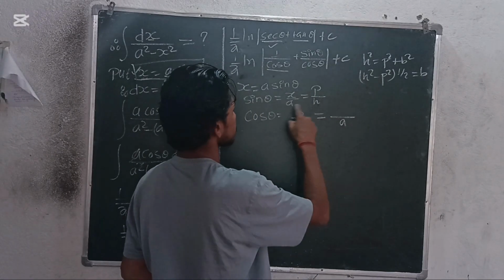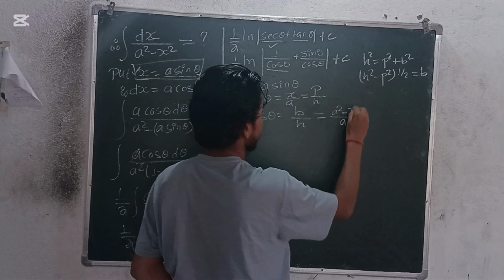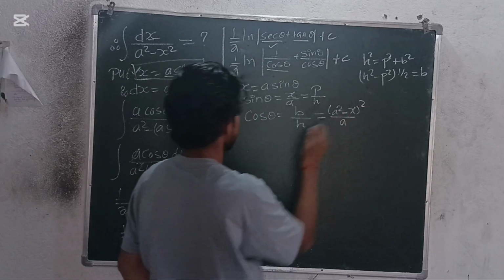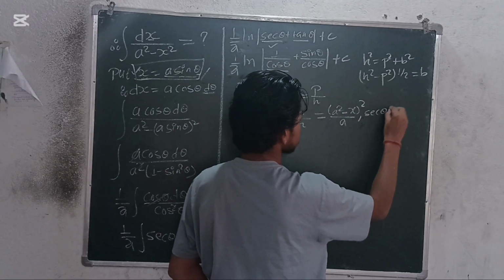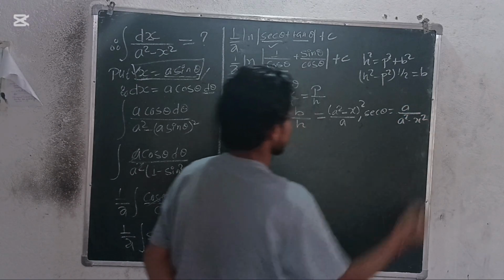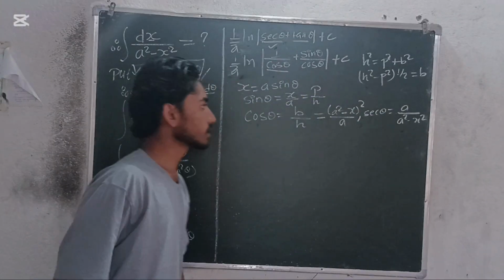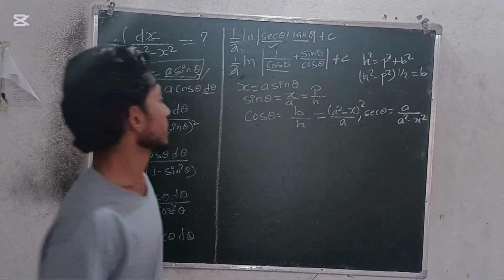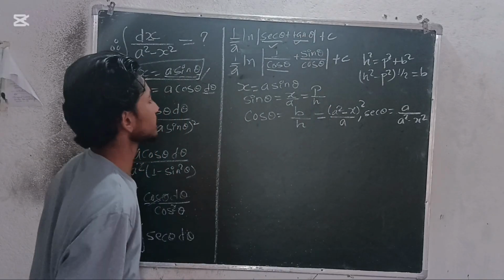So h is a squared minus, and the p is my x squared, and the inverse of this is going to be my sec theta is a over a squared minus x squared. So the sec theta we got is a over a squared minus x squared, and what we are left with is tan theta.